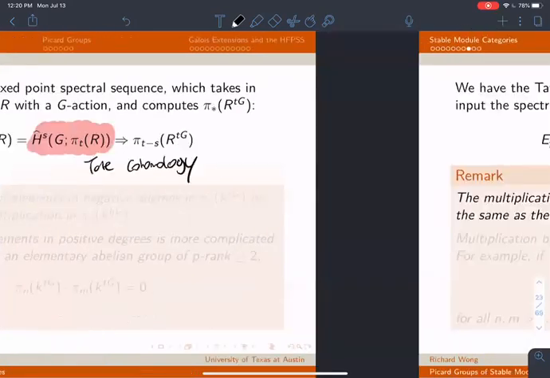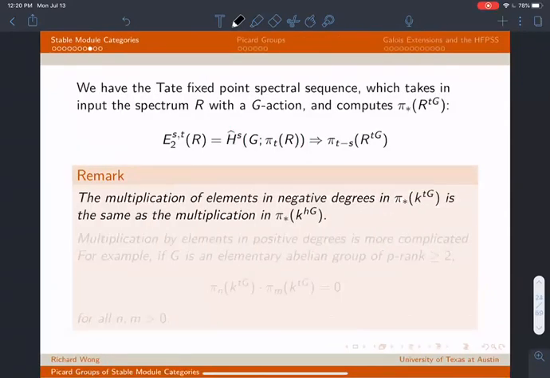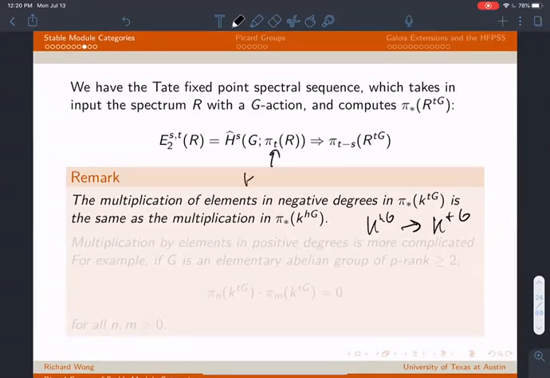Now, a warning, Tate cohomology is a little bit weird. It turns out that multiplication in negative degrees in the Tate fixed points is going to be the same as multiplication in the homotopy fixed points, because we have, for example, maps from the homotopy fixed points to the Tate fixed points, and we also get a morphism of spectral sequences from the cohomology.